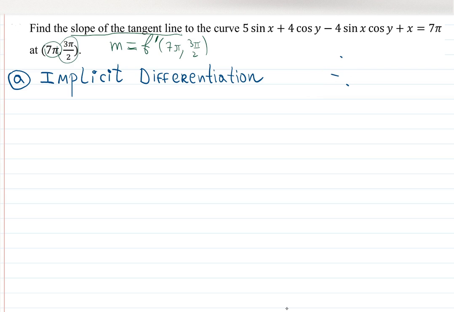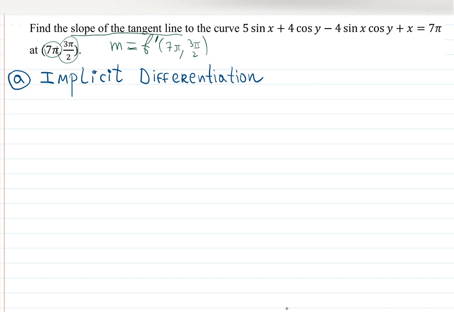Look, I have cosine y multiplied by 4, then cosine y multiplied by negative 4 sine x, and so on. You can try to solve for y here, but it's much easier to use implicit differentiation since y is not given explicitly.